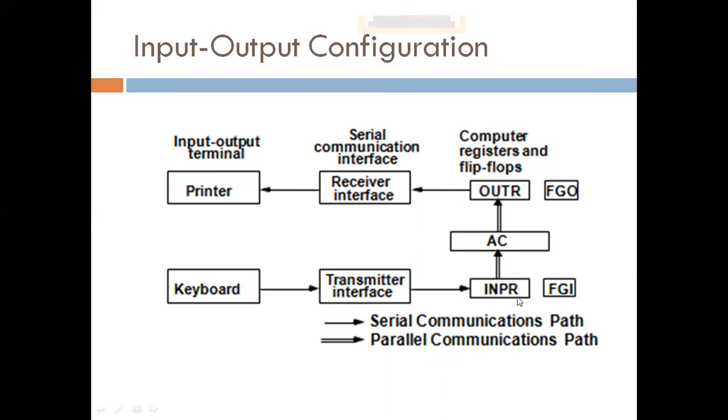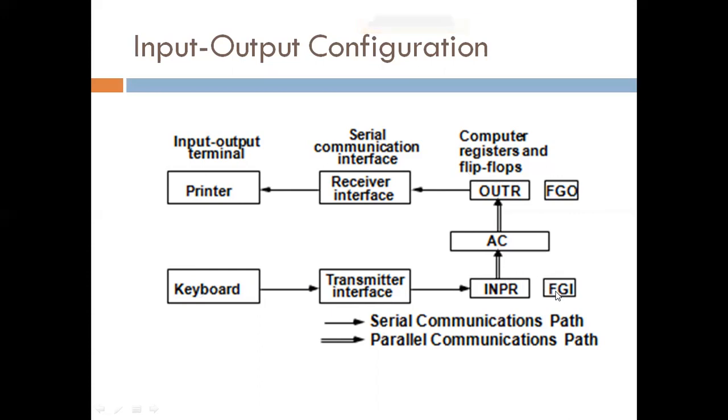Now how it works. For example, if you press any key on the keyboard, here are the flags FGI and FGO. FGI by default is 0. The value of FGI equal to 0 indicates that the input register is free now. It is empty.